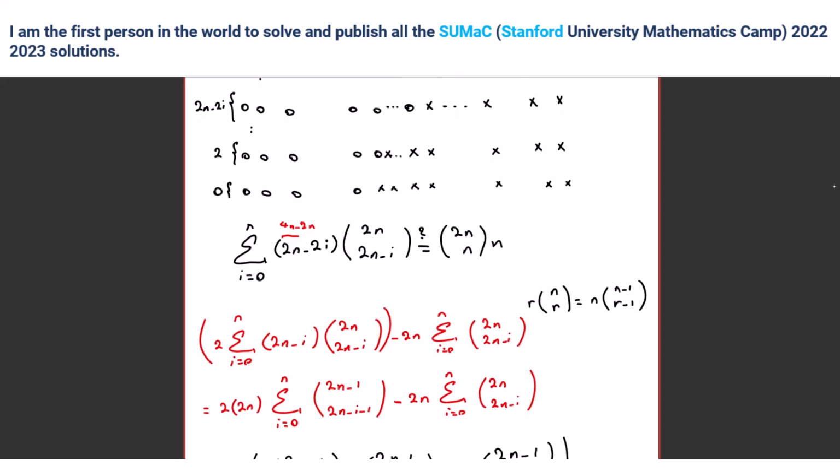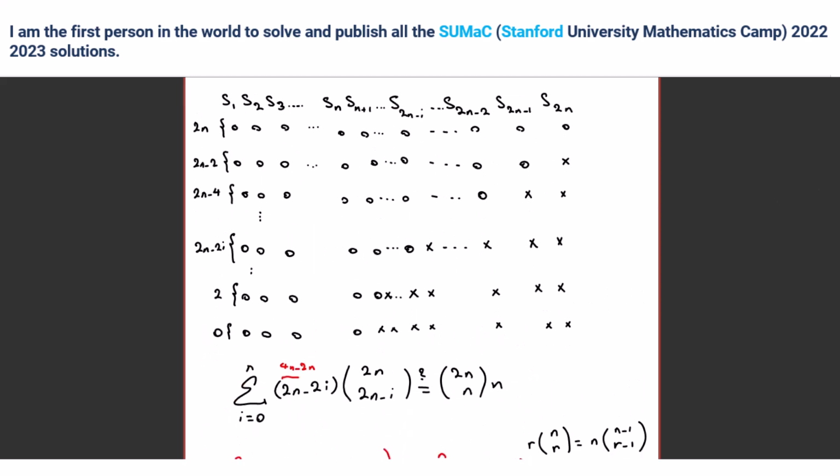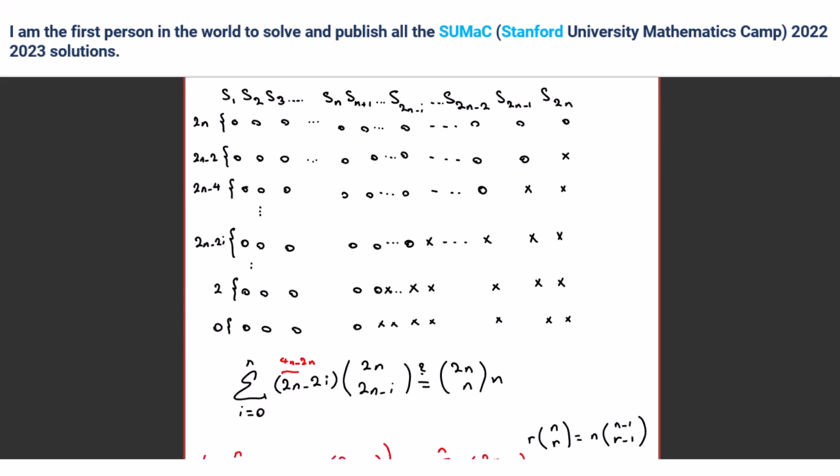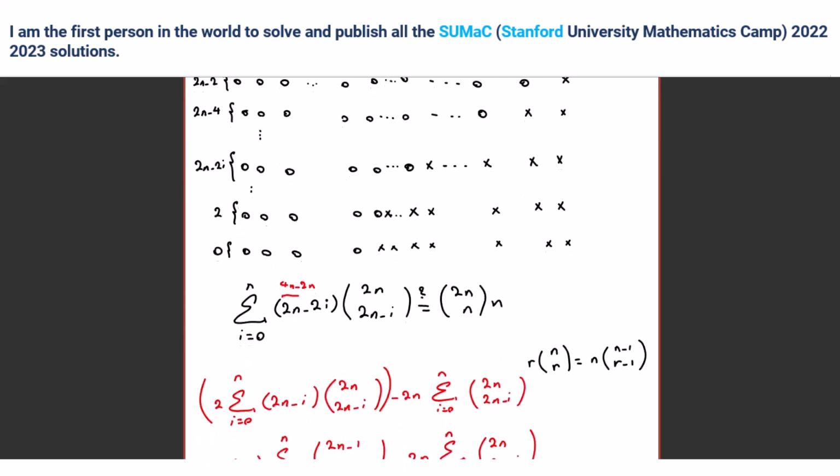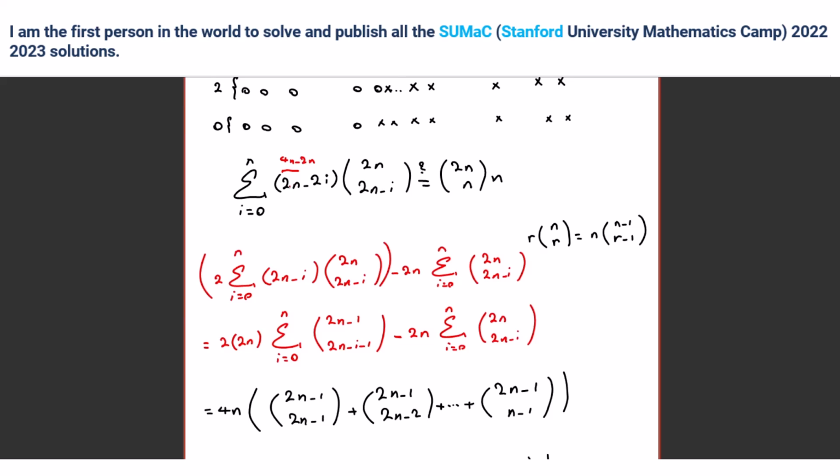We said 2n minus 2i, for example, i equals 0, is 2n, choose n, 2n choose 2n minus 1, 2n minus 2. So here I said we can write it as 4n minus 2i, it will be 2 times 2n minus i from 0 to this times 2n choose this. Then minus 2n times this sigma.